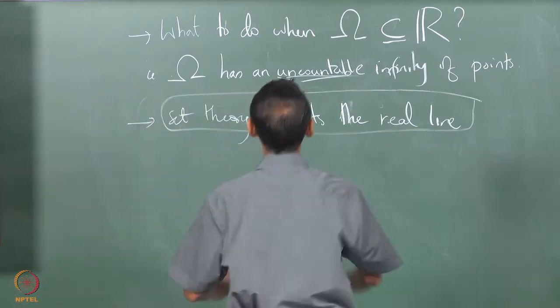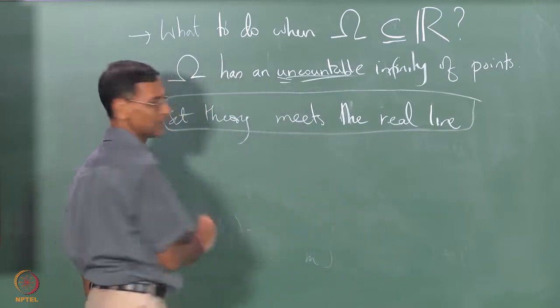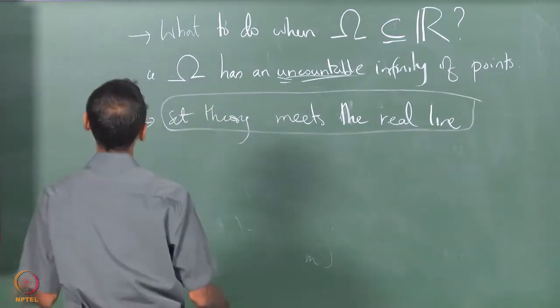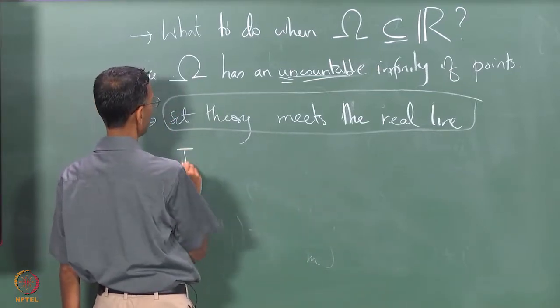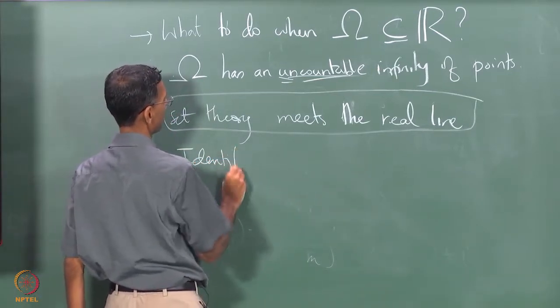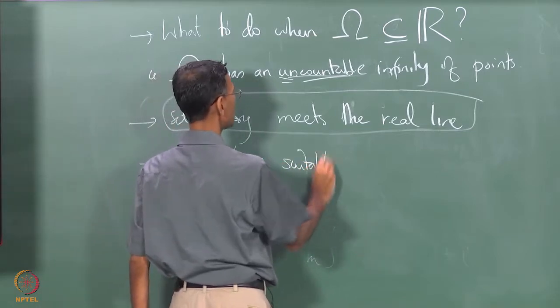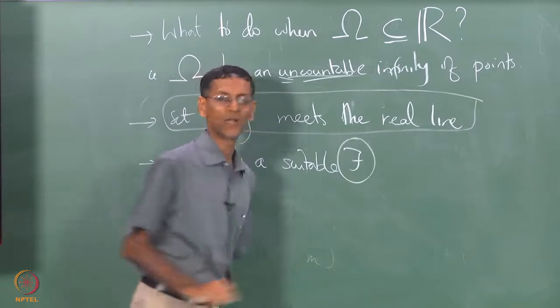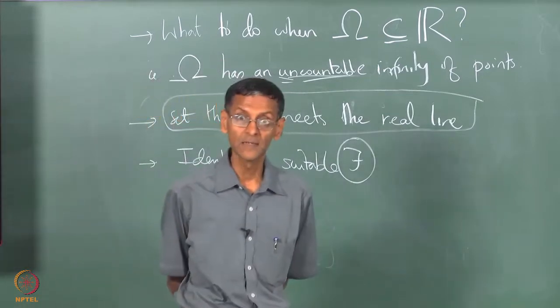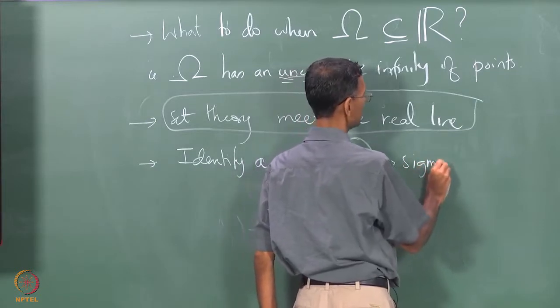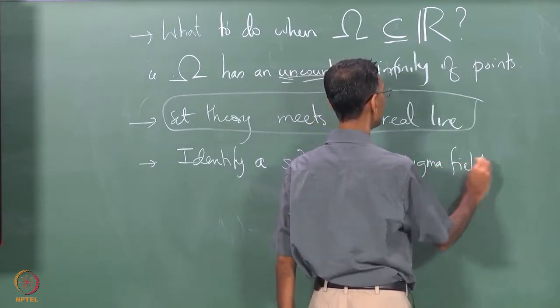So, the first question we need to answer is what is a script F, the field, identify as a suitable sigma field. Remember we talked about this, we call it a sigma field. Go back to your first or second lecture.